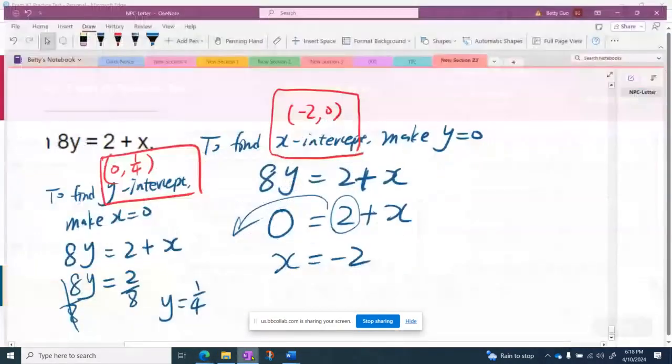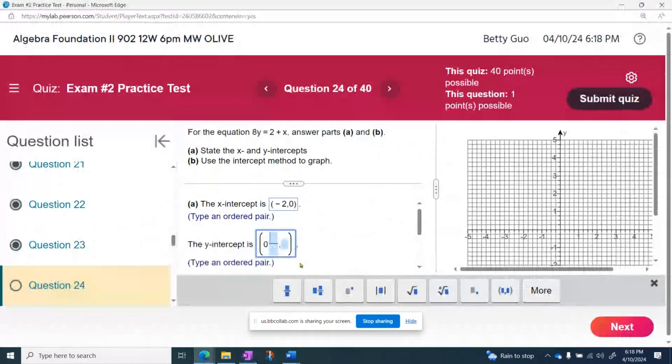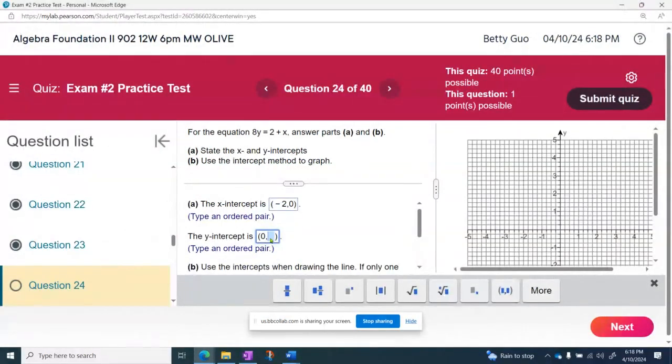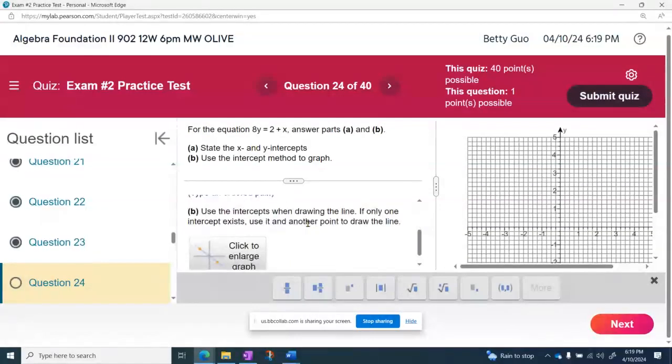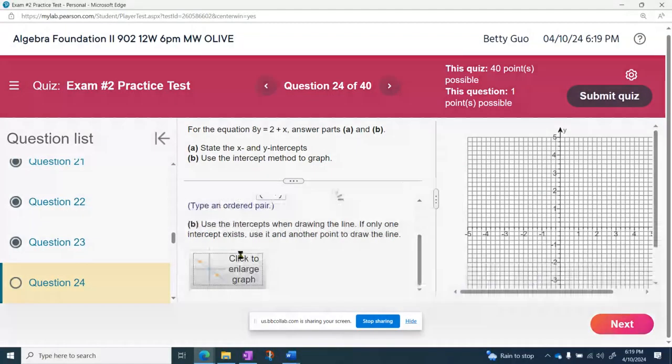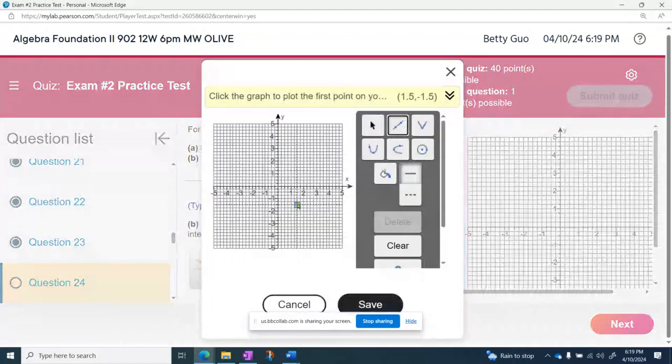Let me see, 1/4. I used this, oops, so be very careful. Double check your entry before you submit. It's 1/4, and that's part A. And we are going to plot the 2 points and graph the straight line. Click and choose this. This is very tiny for me to see.